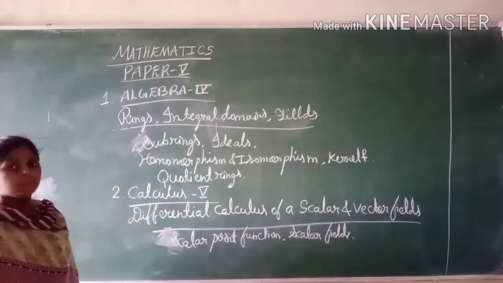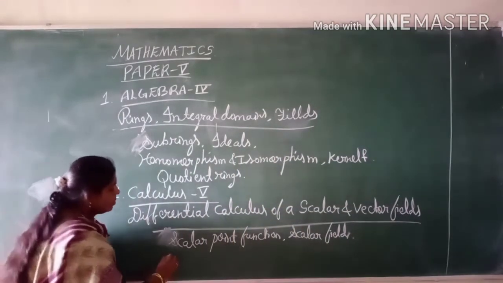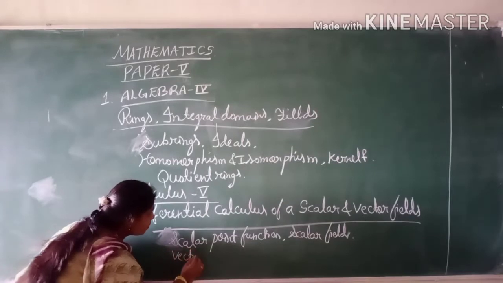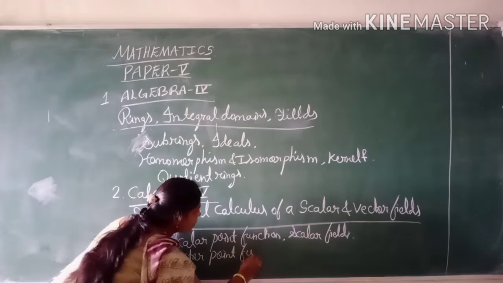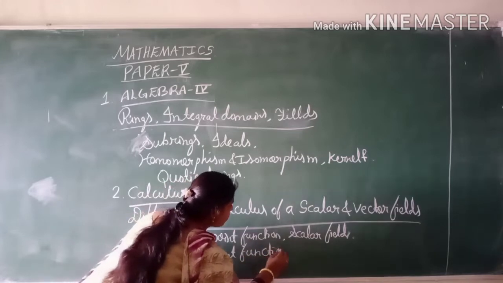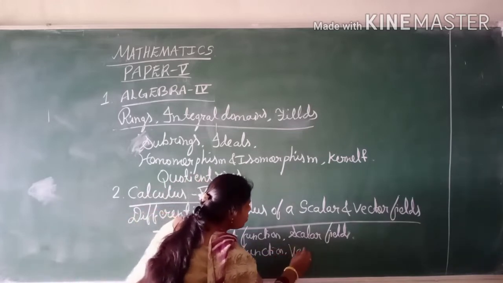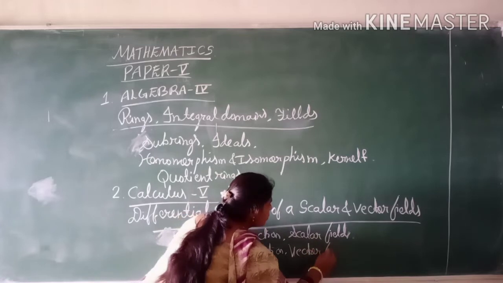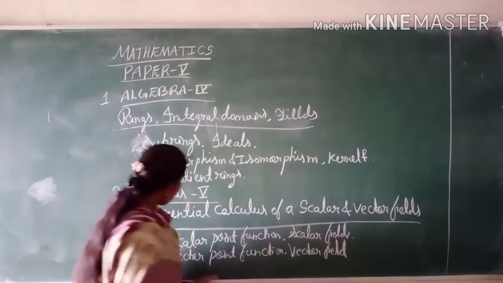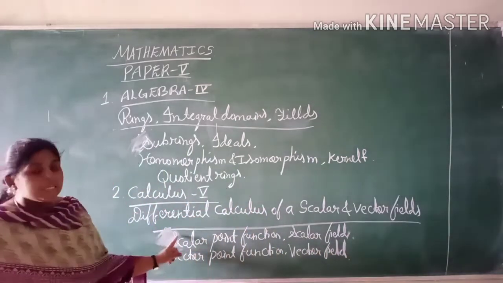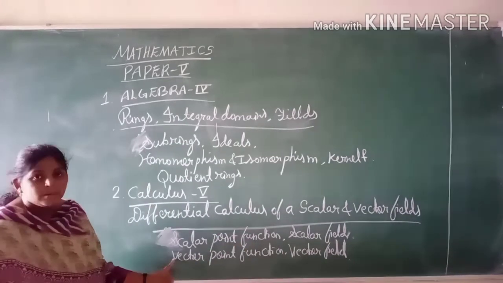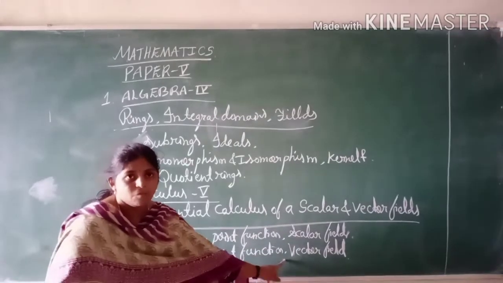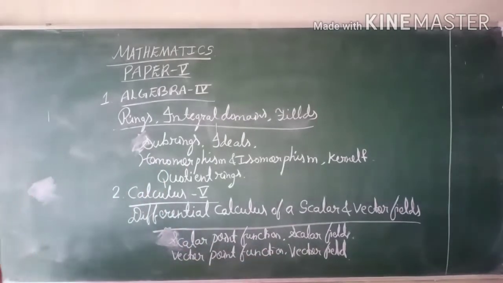Next vector point function, then vector fields. That means we will learn in this chapter first the definition of scalar point function and scalar field. Similarly, vector point function and vector field. In this chapter, you will learn 3 concepts.